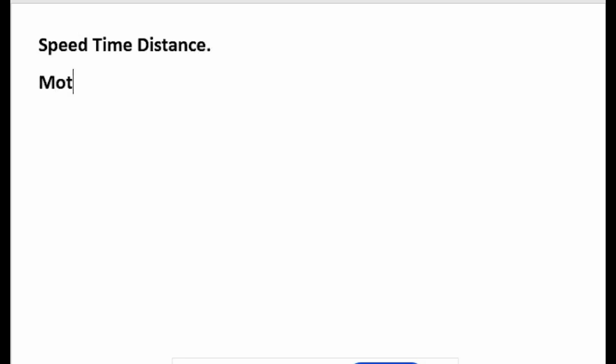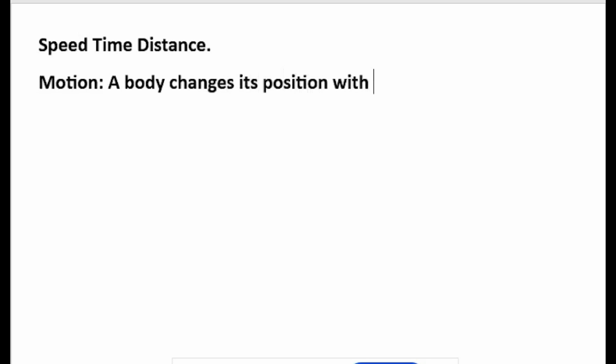What is motion? Motion: a body changes its position with respect to time.